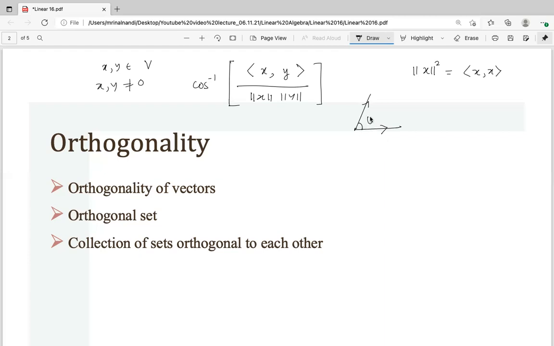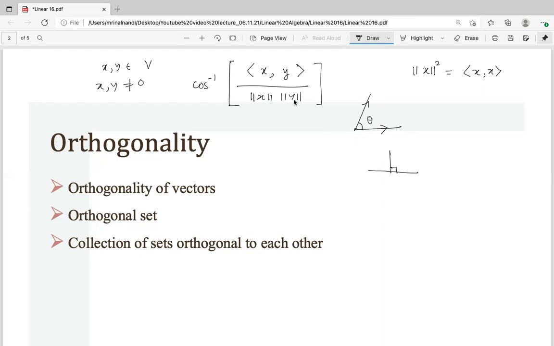So this angle theta is not only for 2D, not only for R3, not only for Rn, but for any general abstract vector space.